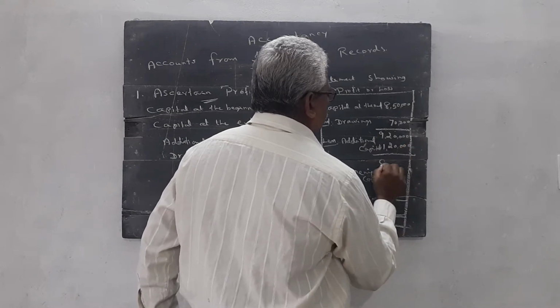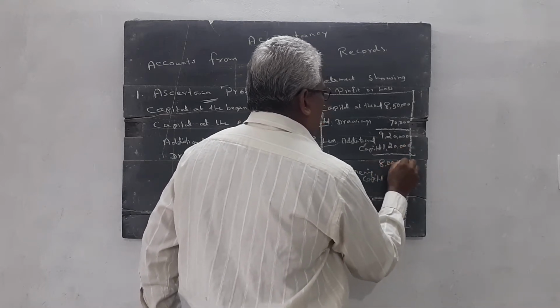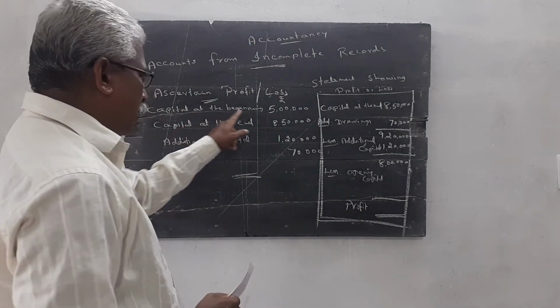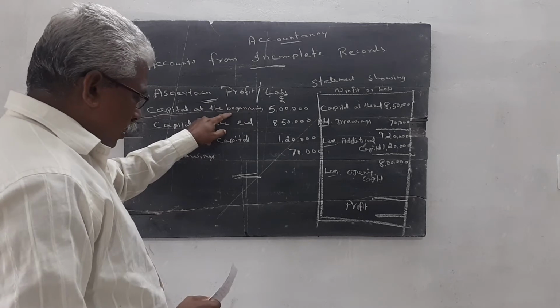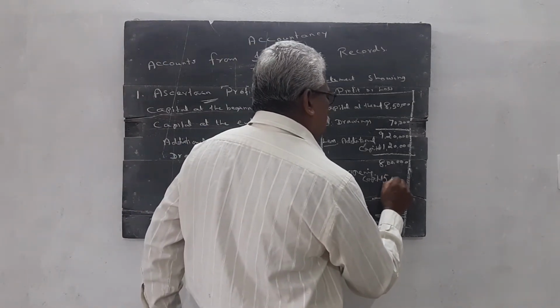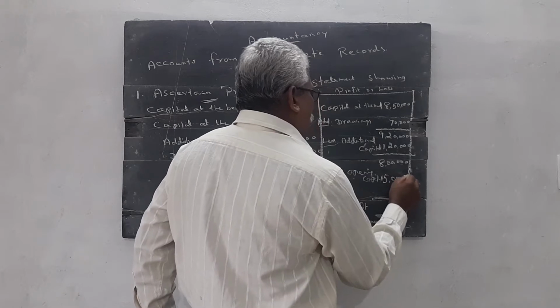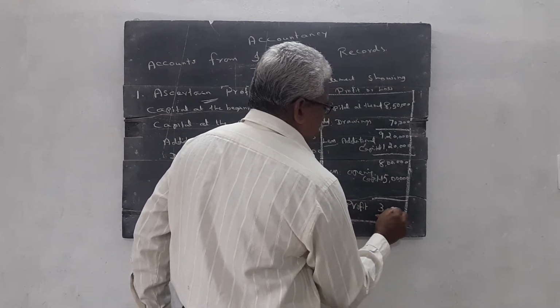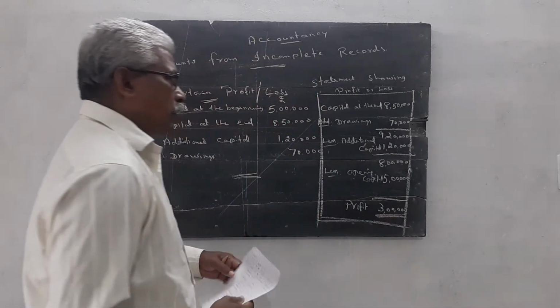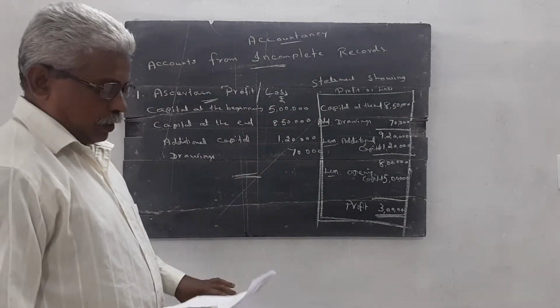So we can get 8 lakh. Then opening capital. That is capital at the beginning. Capital at the beginning or opening capital, both are same. 5 lakhs. So profit is rupees 3 lakhs. This is the first question.